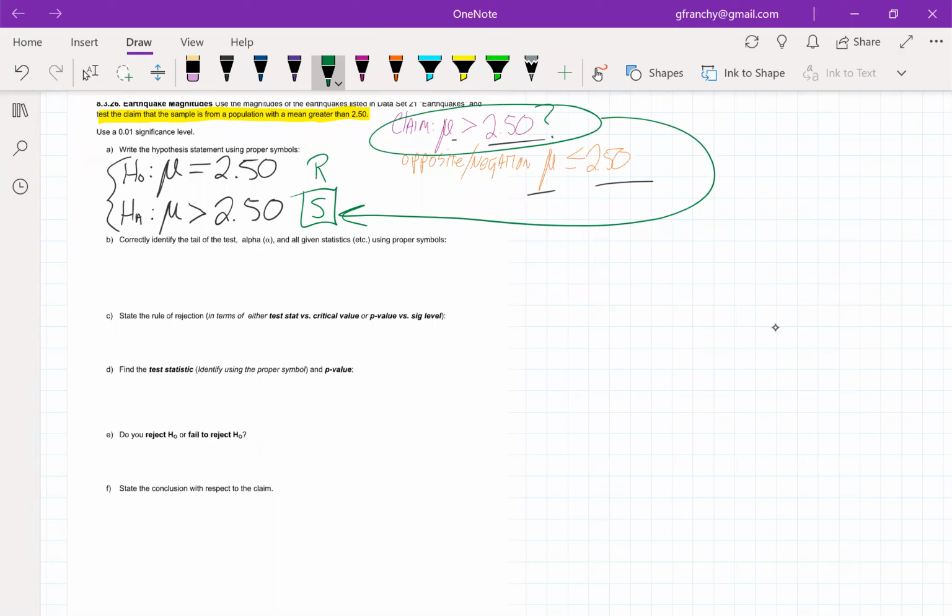So when we get down to writing the conclusion in part F, we're going to talk about whether or not it's S. S is for support.